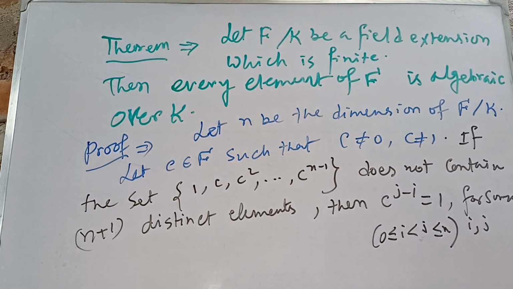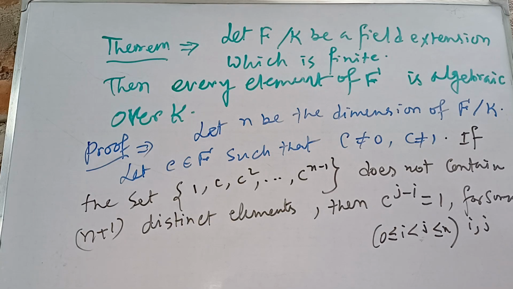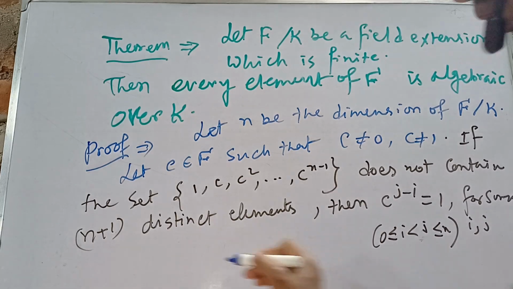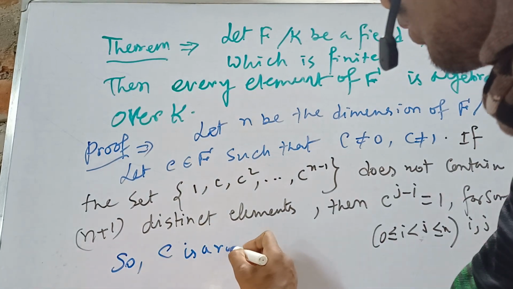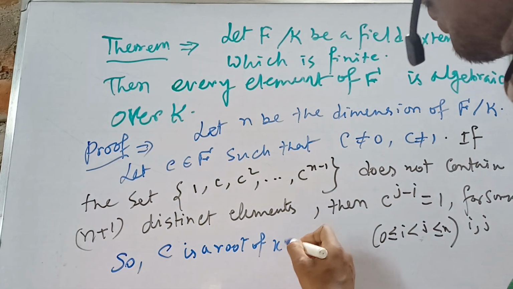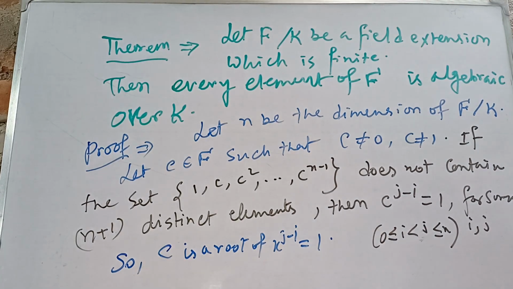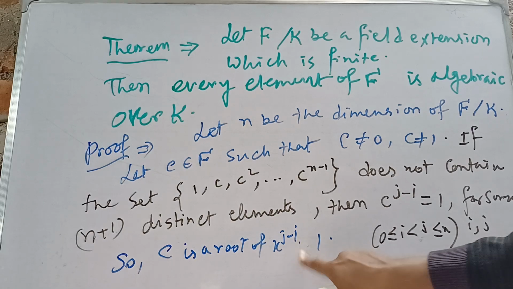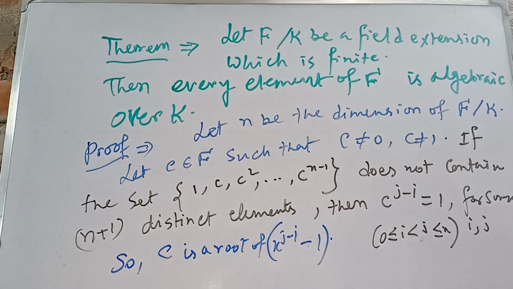So c is a root of x to the power j minus i minus 1, a root of this polynomial.